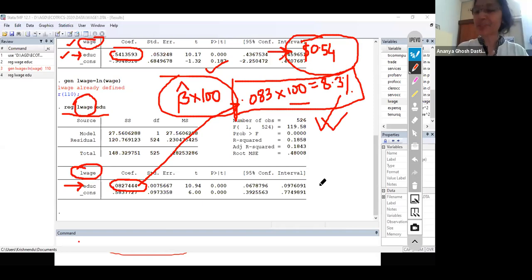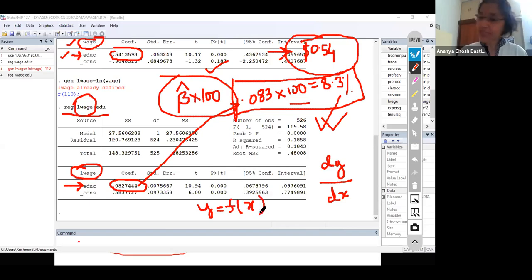What did we start with? If you remember the first day, the session I had with you on Monday, I started with the slope of a straight line. We said the slope of a straight line can be captured by dy upon dx. Whenever we are running a regression, we are saying that the dependent variable is a function of x.